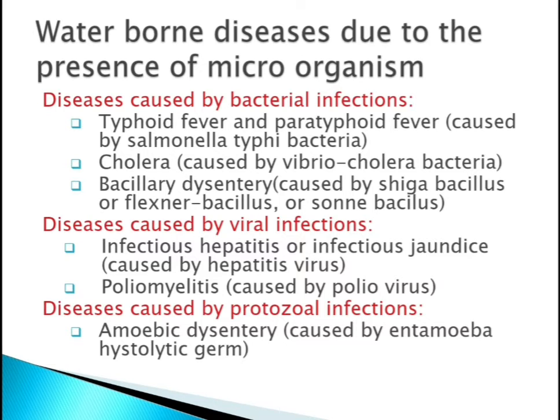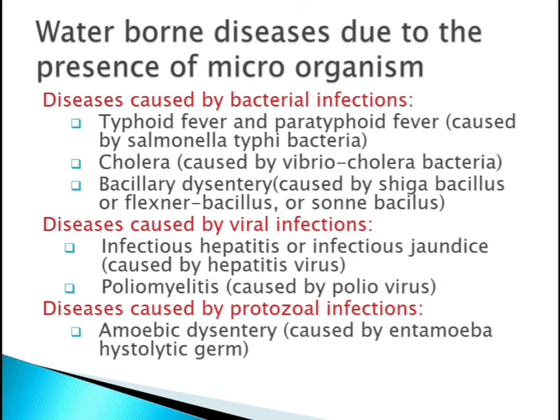Here I am mentioning only three diseases. These are the most commonly caused diseases because of bacterial infection. The first one is typhoid fever and paratyphoid fever, caused by Salmonella typhi bacteria. The next one is cholera, caused by Vibrio cholerae bacteria. The next one is bacillary dysentery, which is caused by Shiga bacillus, Flexner bacillus or Sonne bacillus.